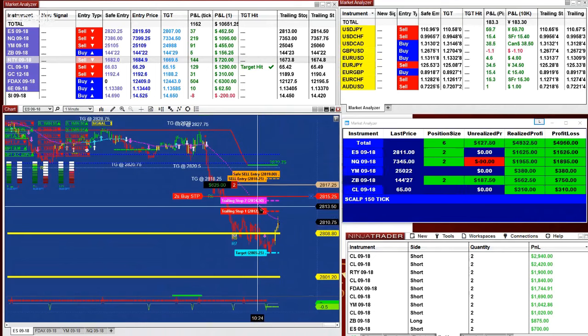And this is where we have a big number of traders that wait on those areas to take a trade. They wait on those areas to take a trade.